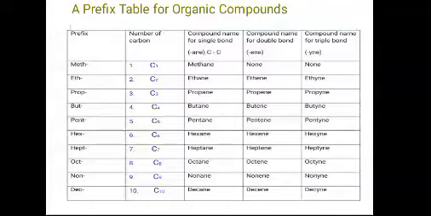Now let's look at the prefix table proper. If you check the first carbon, that is the number 1, we have the prefix as meth. Then for number of carbon 1, the compound name for single bond, we have the parent name as ane, A-N-E. That is why we have the name as methane. Then the compound name for double bonds is ene, and for triple bond is yne.